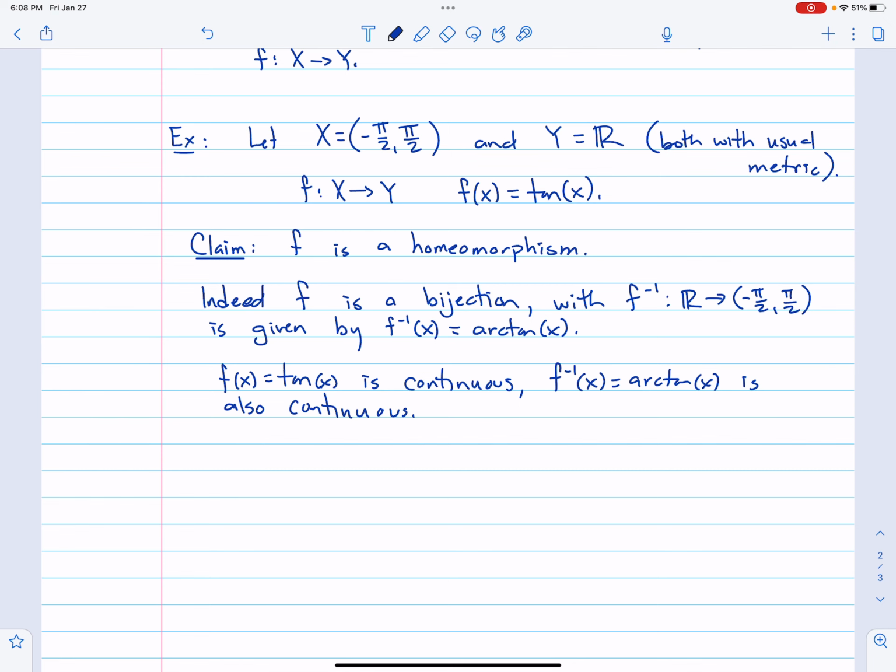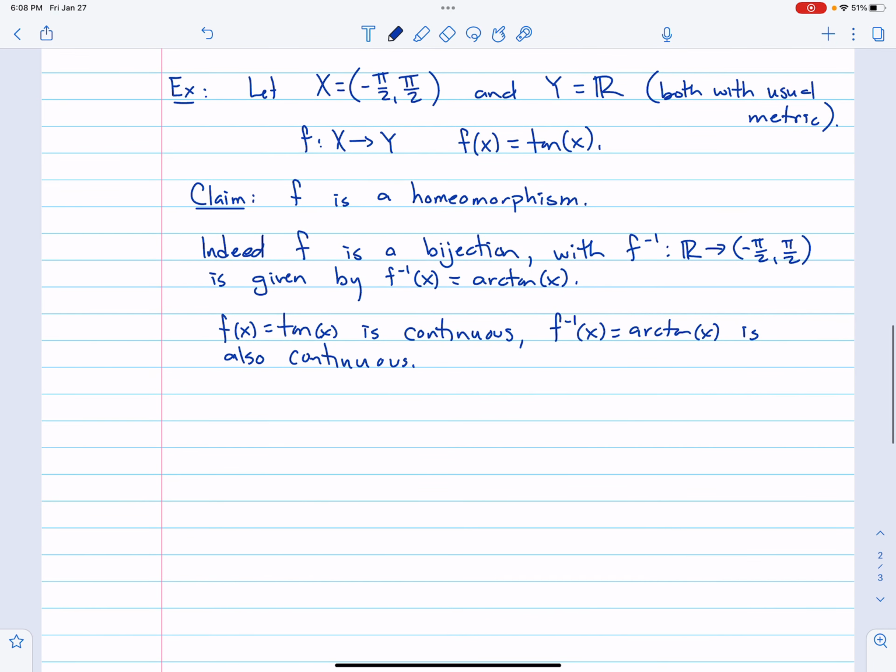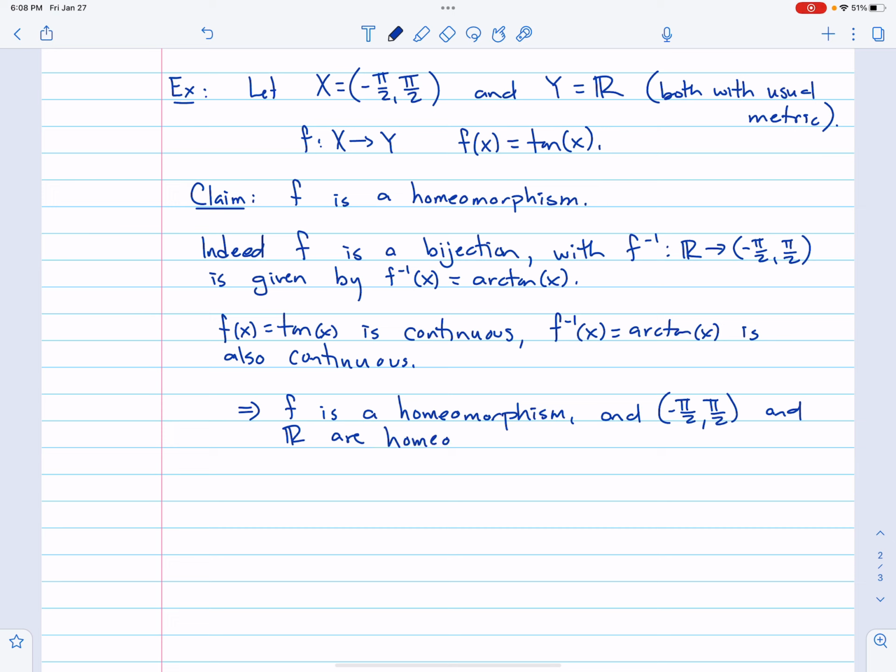Okay, so since both f of x and f inverse of x are continuous, this implies that f is a homeomorphism, and indeed that these two spaces are homeomorphic.